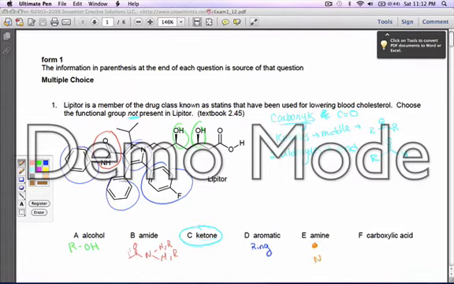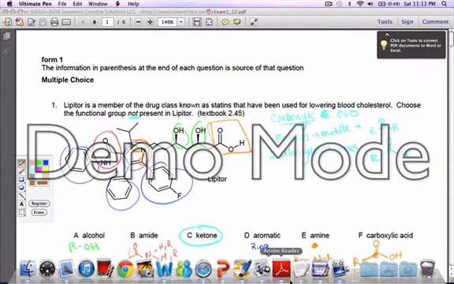An amine is just a lone nitrogen attached to R groups. And we have one right over there. And we have a carboxylic acid. A carboxylic acid is drawn like this. Okay. And we have our carboxylic acid right over there.